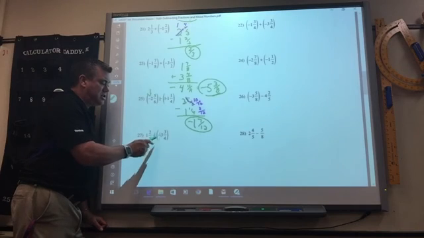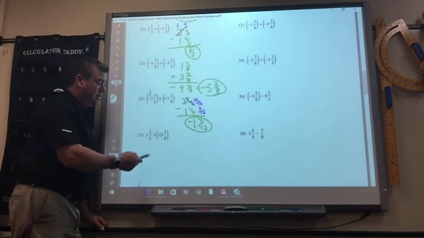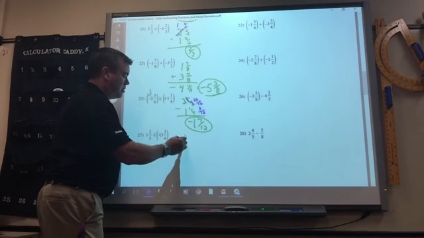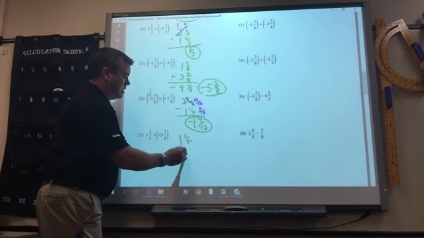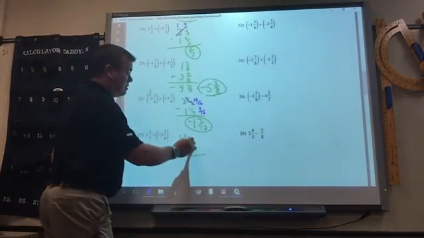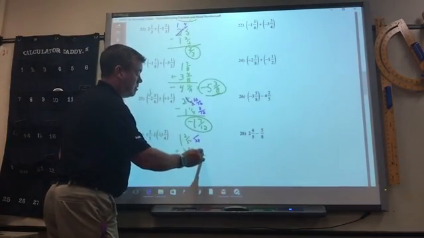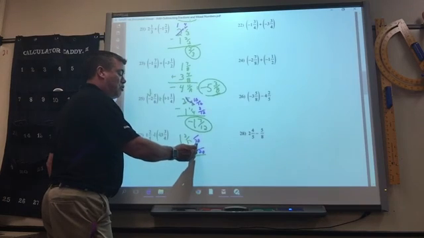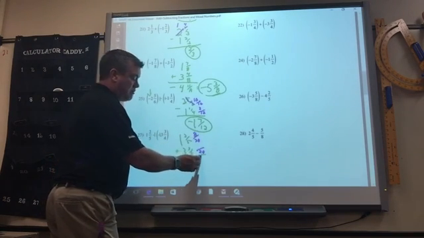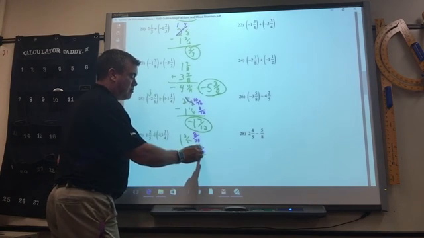Okay, subtract problem. So change the sign, change the sign. They're both positive, which means we just have to add them up. 1 and 2/5 plus 3 and 3/4. Common denominator is 20. 5 goes in there 4 times, so take that times 4. 4 goes in there 5, so take that times 5.